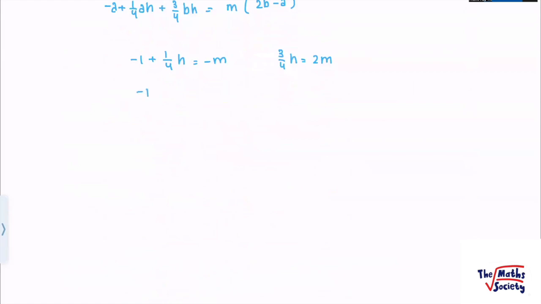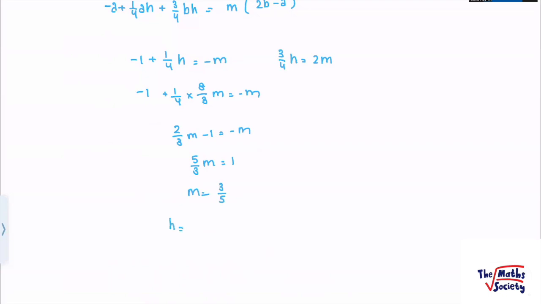So we're going to have minus 1 plus 1 by 4 multiplied by 8 by 3 m is going to equal to minus m. So that's going to be 2 by 3 m minus 1 equals minus m. So that's 5 by 3 m is going to equal to 1. So m is going to equal 3 by 5.